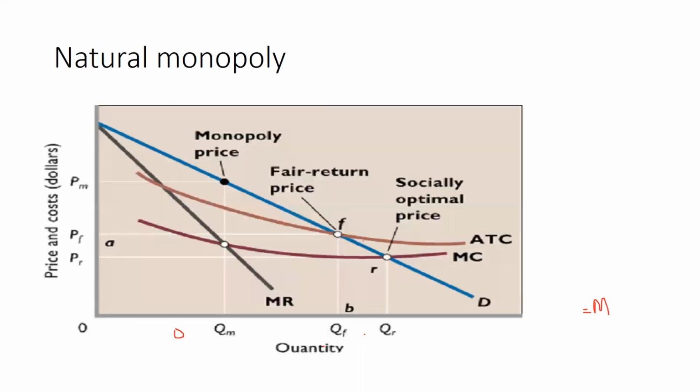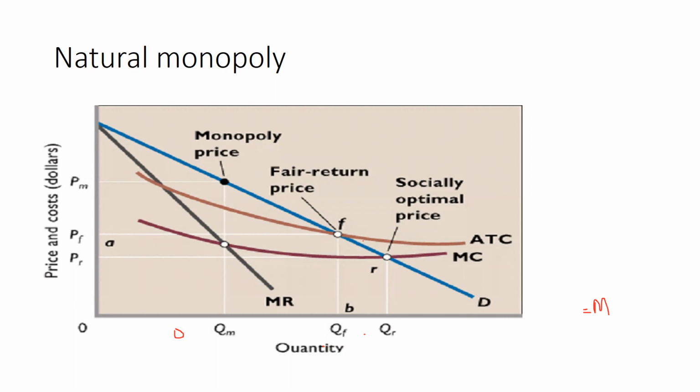All right, and then I just wanted to, again, show you the natural monopoly, downward sloping ATC, MC below. It's usually there because one company could better serve the market.